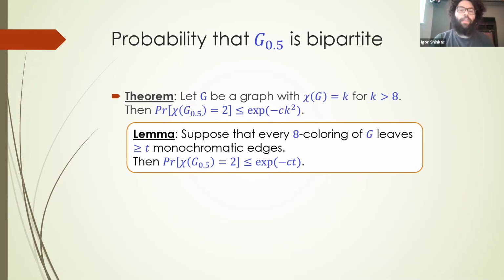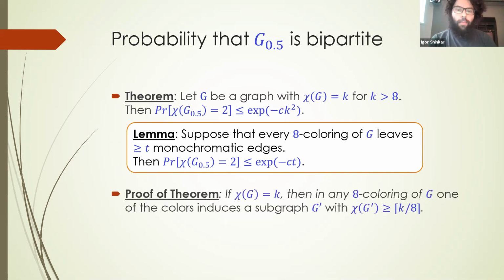Again, the key lemma says that not only is the graph not 8-colorable, but stronger than that, it leaves many monochromatic edges. When I try to color it with 8 colors, it leaves many monochromatic edges. If that's the case, then the probability it becomes bipartite is exponentially small in T.